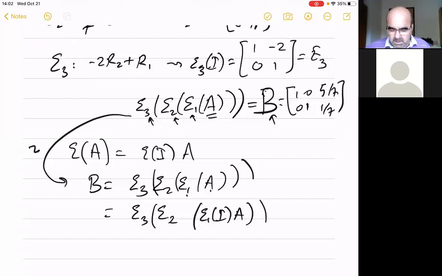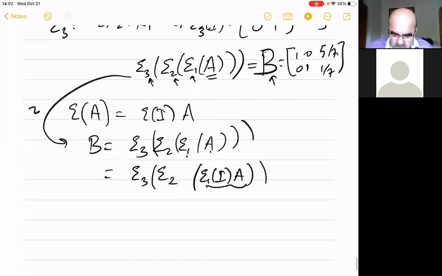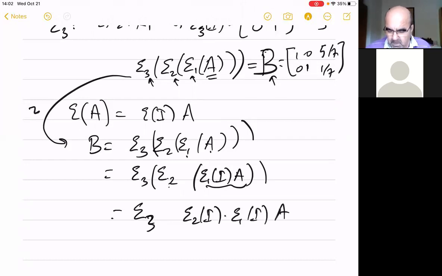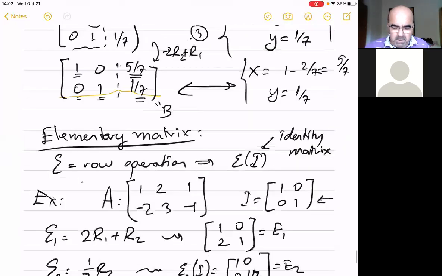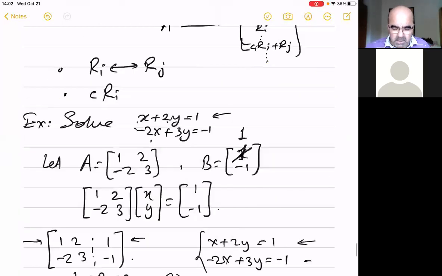Now, this is a new matrix. Doing this operation epsilon2 means epsilon2 times identity times this matrix. So you have a matrix, you apply the operation by this property that we wrote at the end of last lecture.